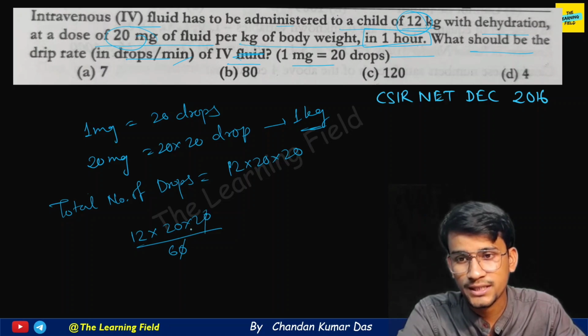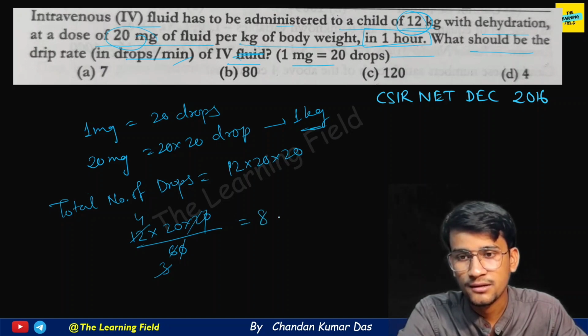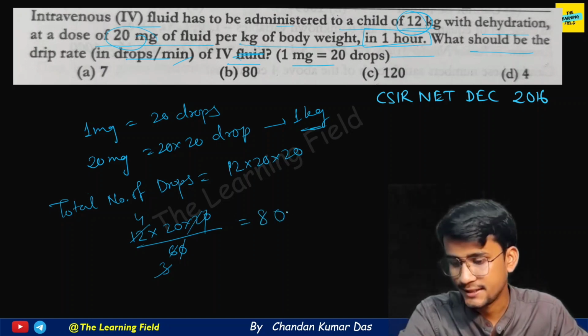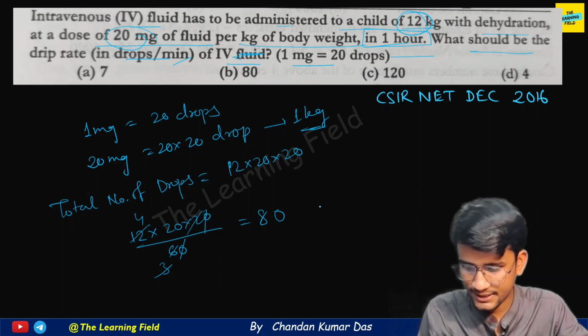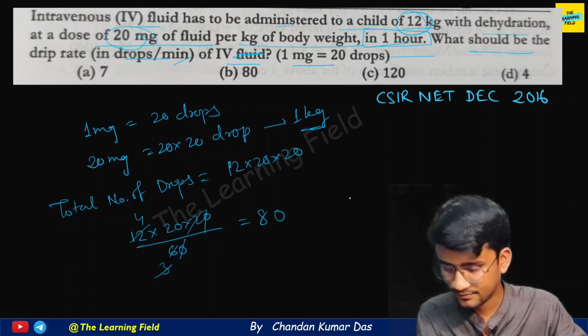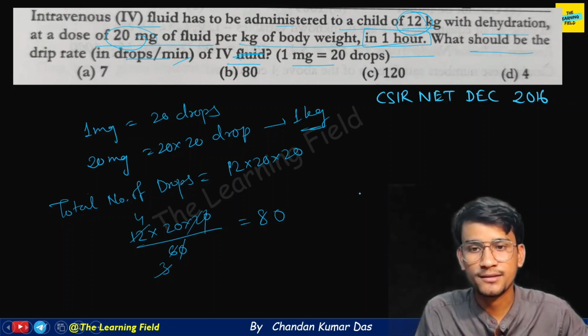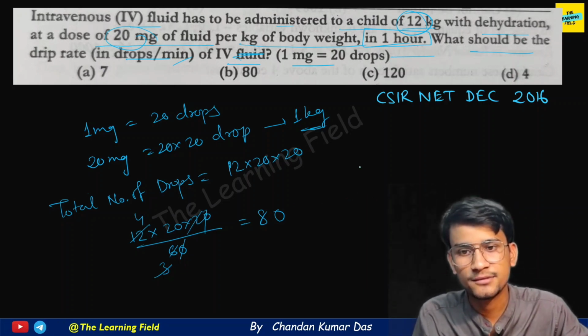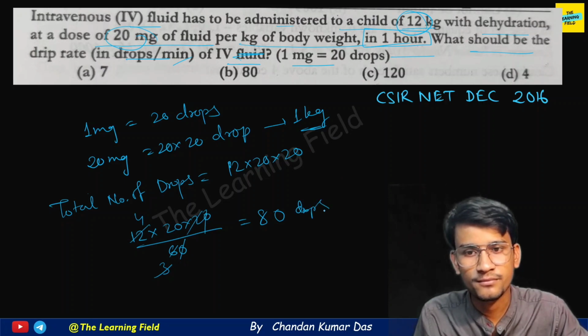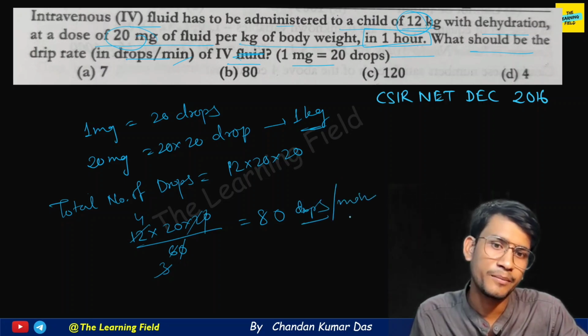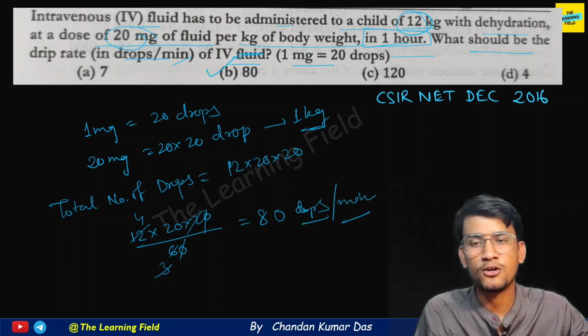So this gets cancelled. 2 3s are 6, 3 4s are 12... 80. 80 is the answer. So 80 drops per minute is the answer. Option B is correct here.